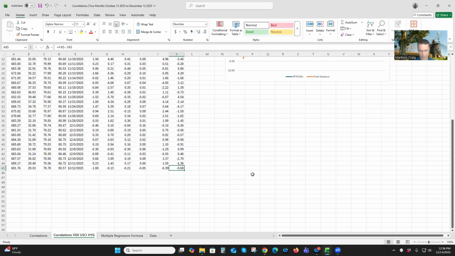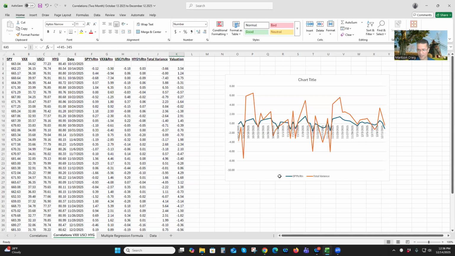So SPY is undervalued by 0.68%. And you'll see the chart here, the orange line are the independent variables, and the blue line is SPY, slightly undervalued.